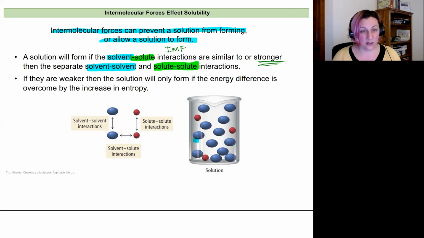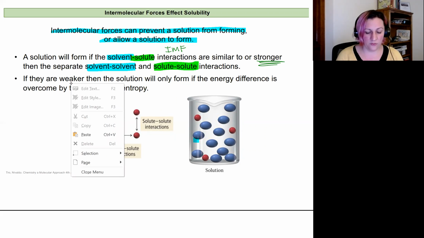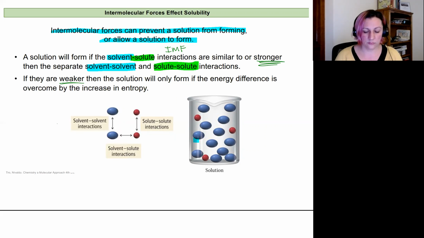Now, if they're weaker, then the solution won't form. Or it'll only form if the difference in energy between them is easily overcome by the stability gained by just spreading out the kinetic energy of the system by dispersing those particles evenly throughout the system.